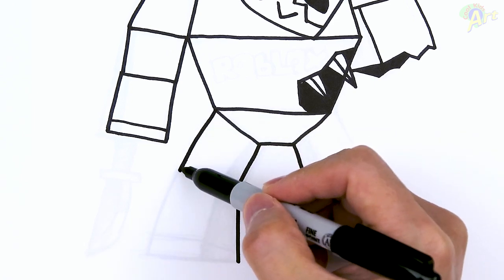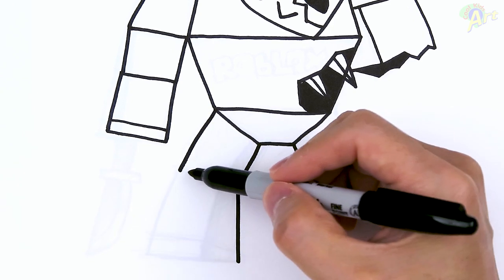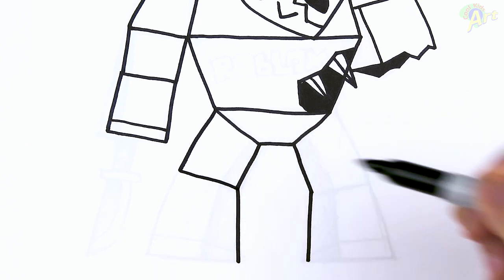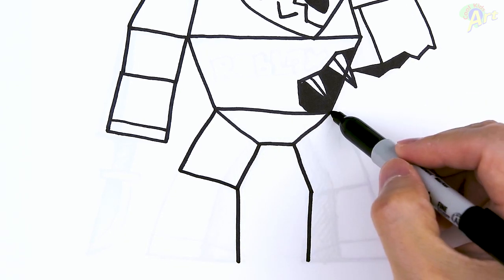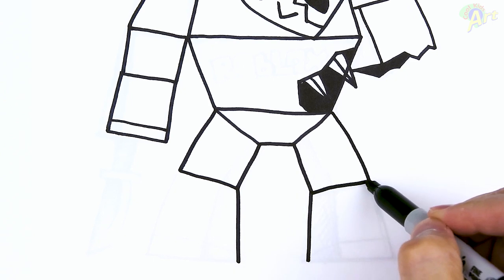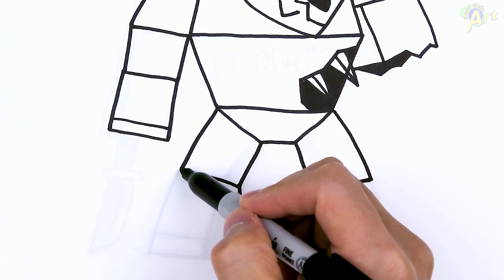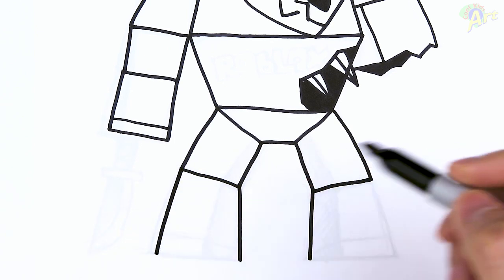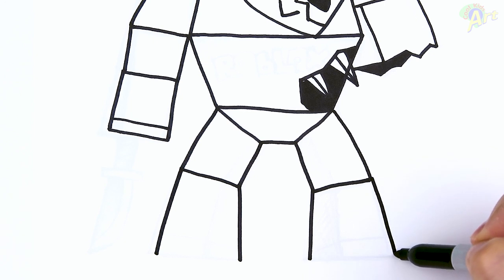Okay, start in this corner, come down, draw one line here, connect that. Okay, and then right here, I'm gonna come down, just make it a little bit wider on the bottom, and then close this off.